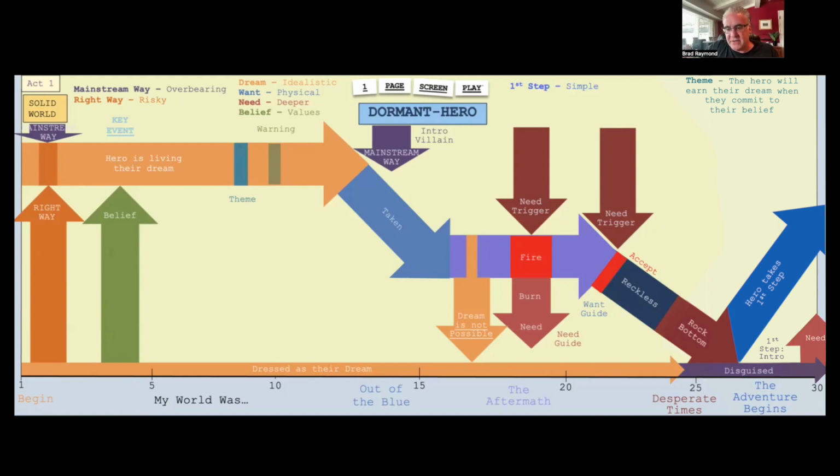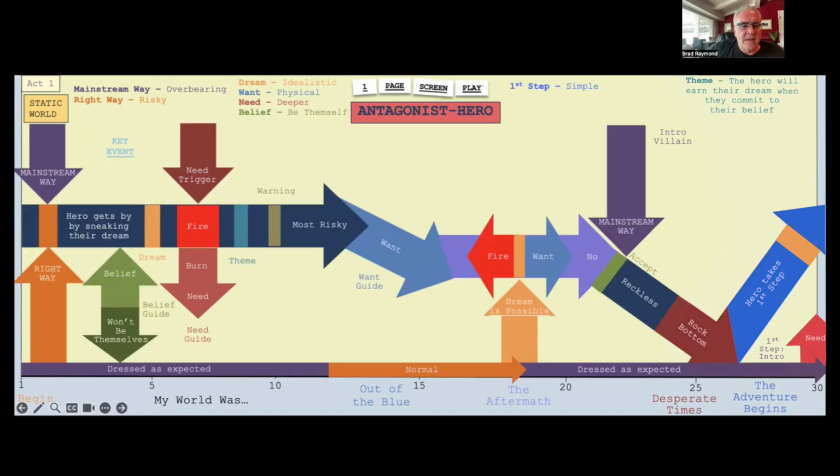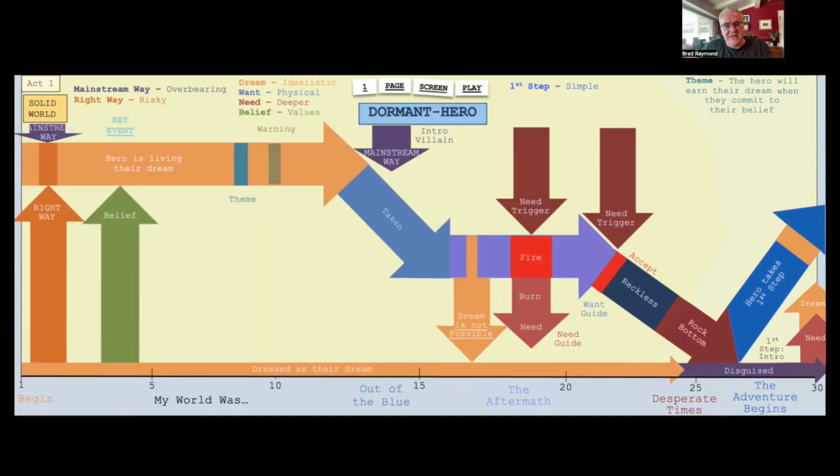I talked about the need. Michael's is 100% need. What they need here is really fresh, and then obviously to get their dream back is the reason. But if you look at all the different types, you have the dormant hero here, then you have the antagonist hero. All the stuff that happens here actually happens after this moment, because there is no conflict in their life for the dormant hero.